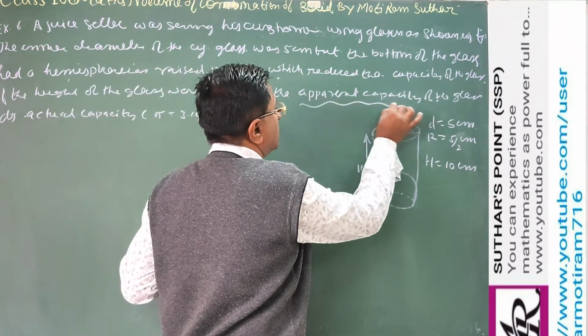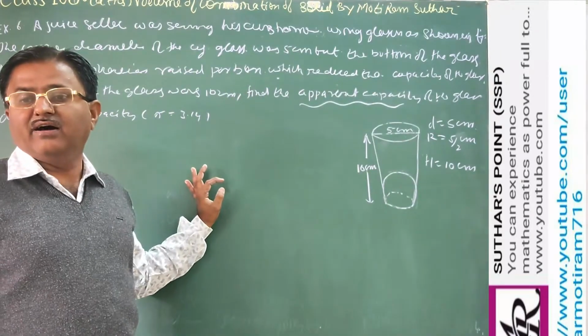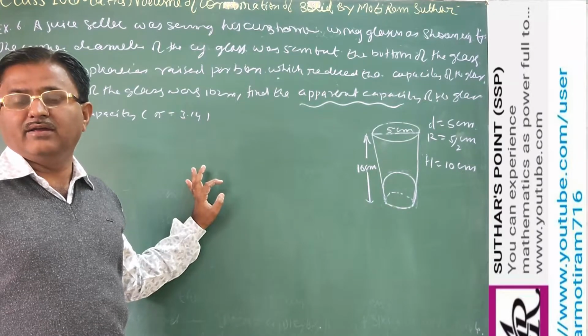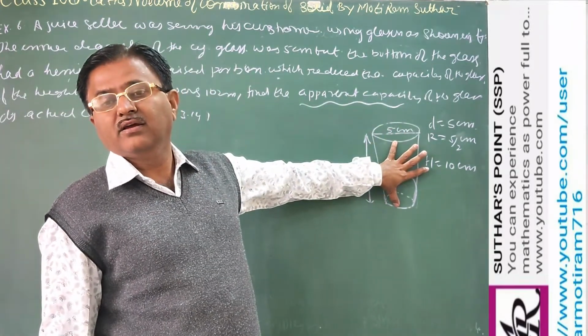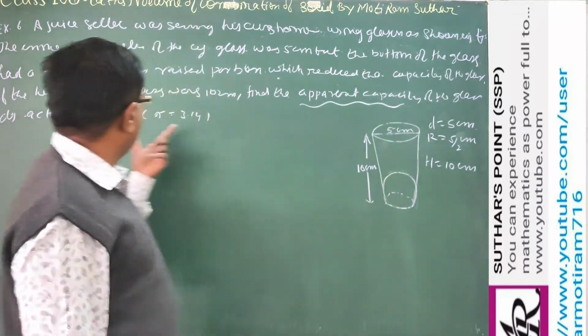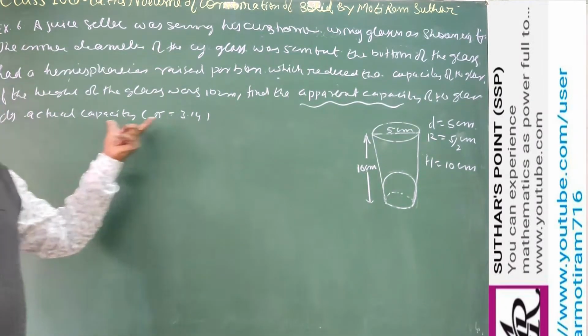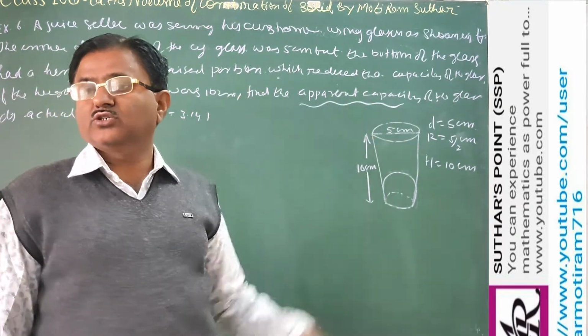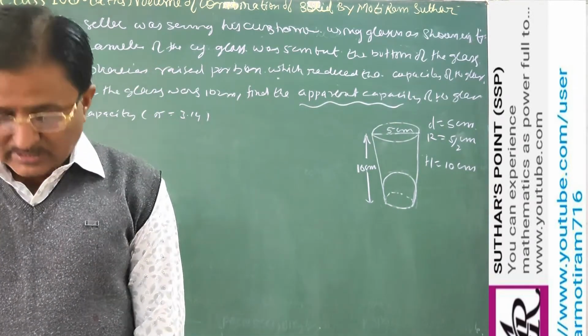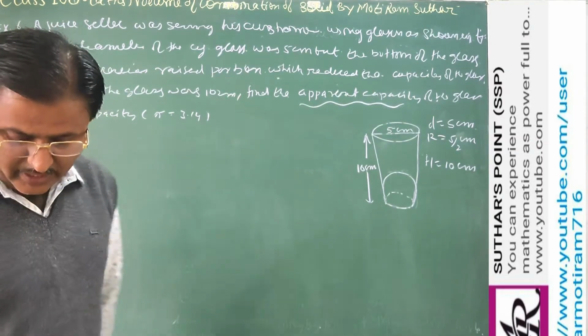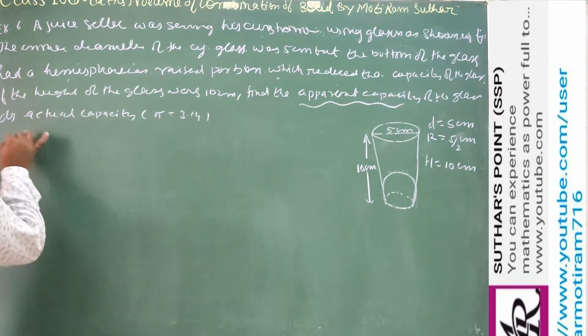Apparent means we think we will get this much, what is visible, but actually it is not this much. So you have to find both the actual capacity and apparent capacity. So that's why this is very important, mathematics in daily life. Clear? So inner diameter is given, height is given.